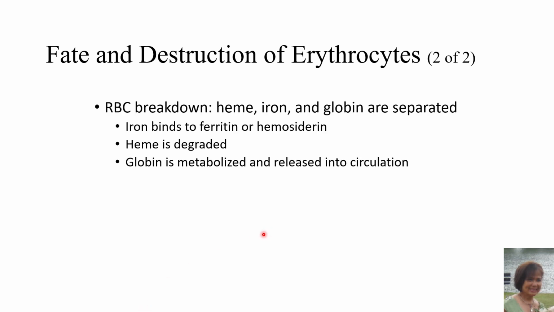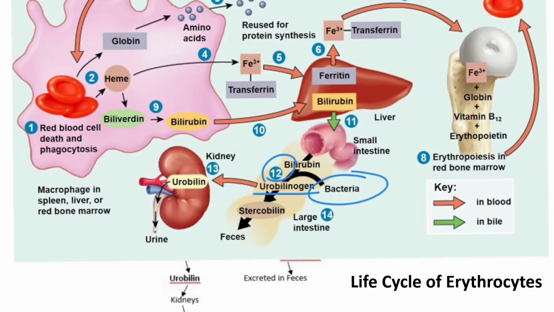So when red blood cells get broken down, the hemoglobin is broken down into its heme form and its globin form. They're separated. And let me show you what happens to the fate of your dead red blood cells.